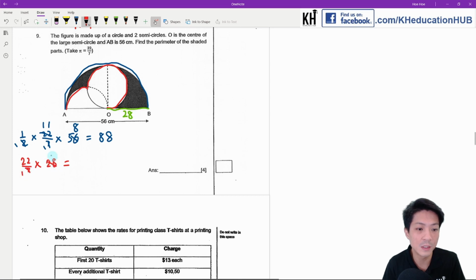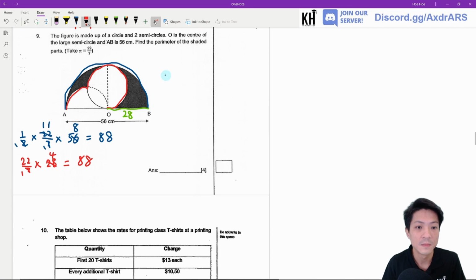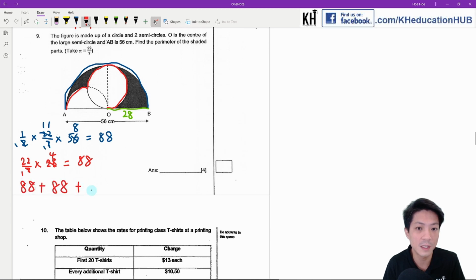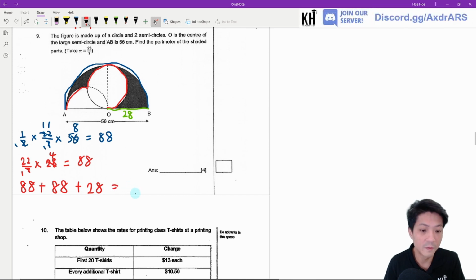Do some reducing, cancel 1, cancel 4. It is also gonna be equal to 88. Okay, so the perimeter of the shaded parts would be 88 plus 88 plus 28. It's gonna give you 204.